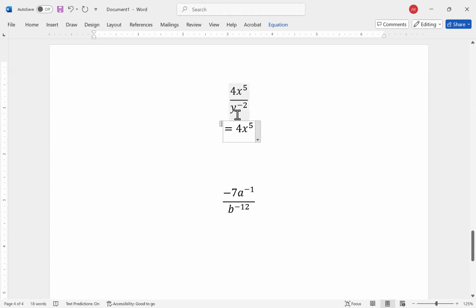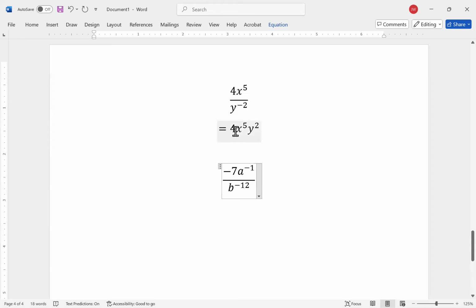Lastly, we have y raised to the negative 2nd power. Well, that is y raised to a negative power in the denominator. I can rewrite that. Instead of dividing by y to the negative 2nd power, I can rewrite that as multiplying by y raised to the positive 2nd power.